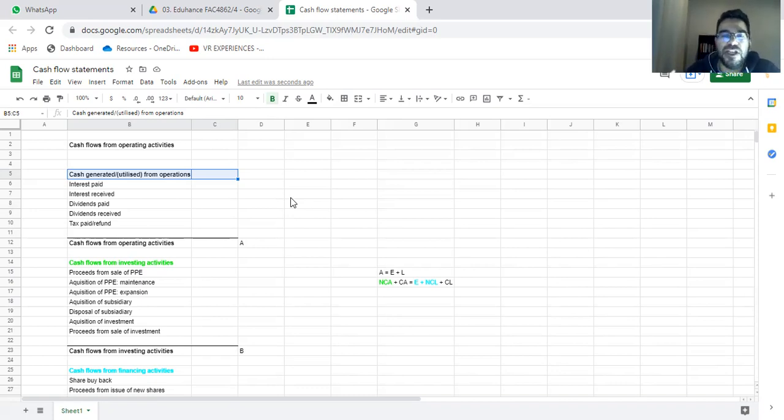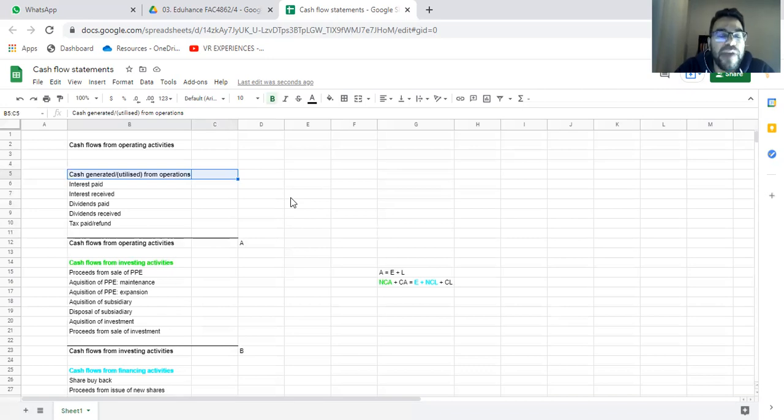Remember, if they tell you, dear student, to prepare the cash flow statement using the preferred method, then it is the direct method. The other method is the indirect method. What's important to note is that if you prepare the operating activities using the direct method, then as a note disclosure, the indirect method is required.